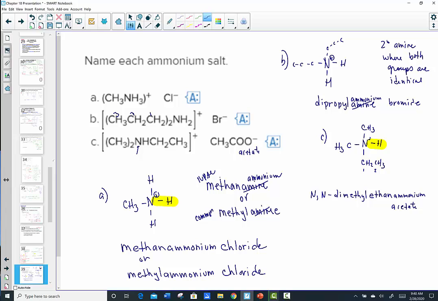N,N-dimethyl, and you could actually have a common name there as well. Because that carbon chain is perfectly fine to put the common name of ethyl ammonium acetate.